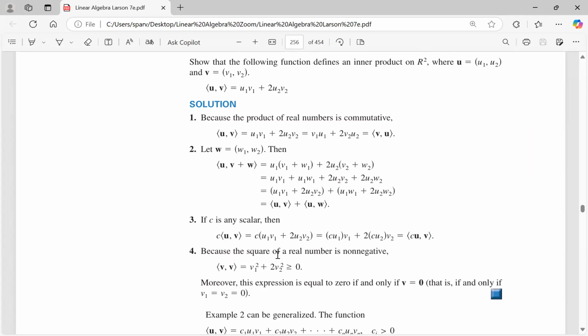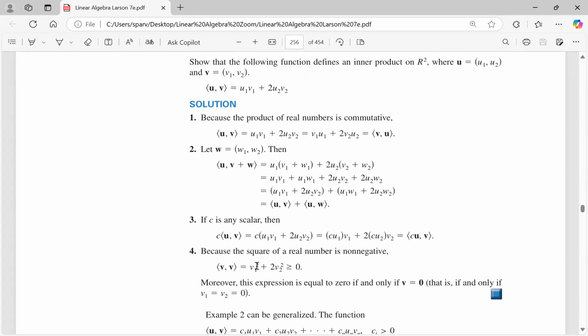I'm just briefly going over these. And the positivity axiom, you dot V with itself. The way this works, when you do the inner product of UV, you multiply the first components, then the second components, and you double up on the second one. So that's how you get 2 v2 squared. You just double up on the second product.